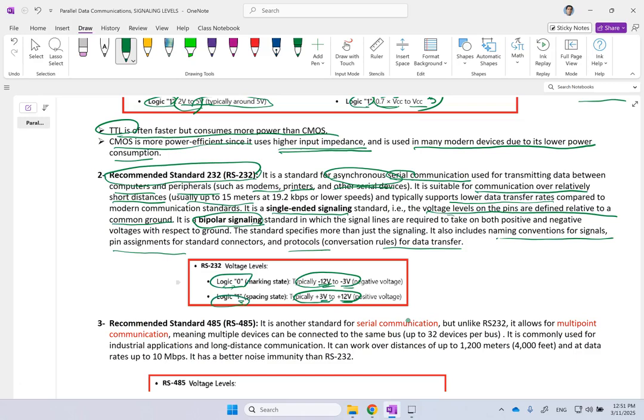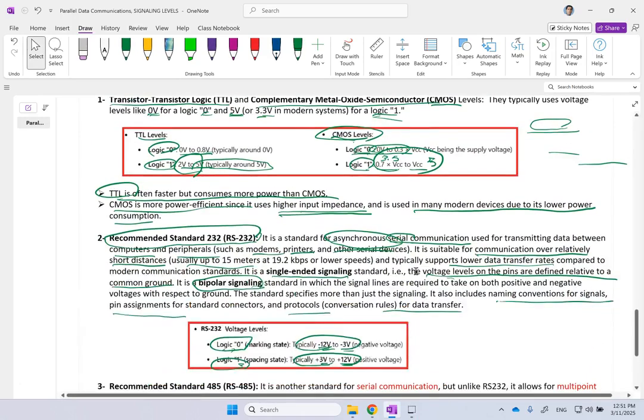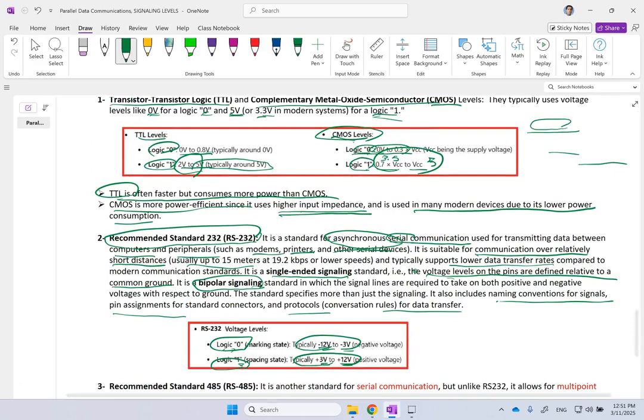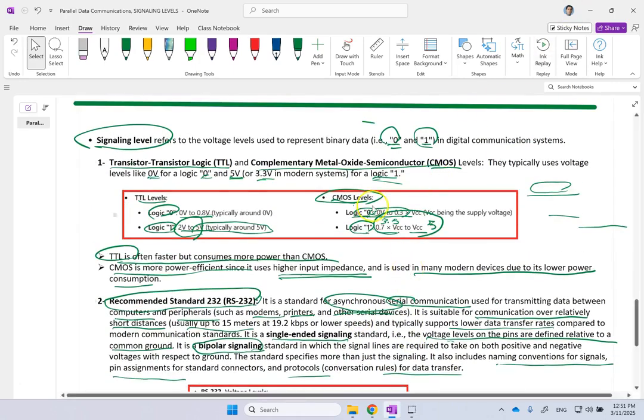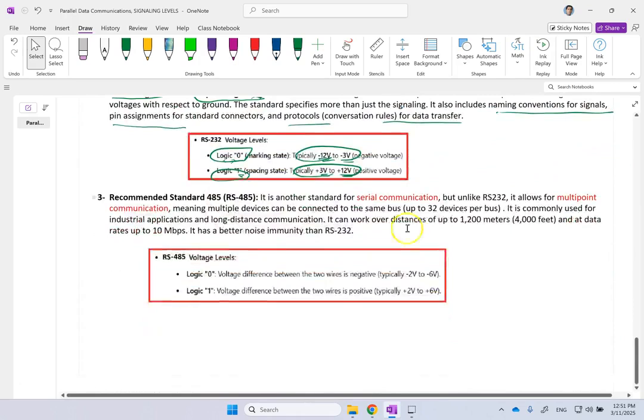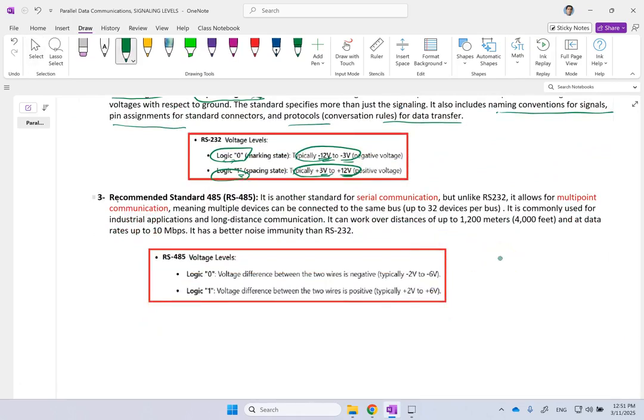It's more than that. But what I want to focus on right now is mostly what kind of voltage level they use for 0 and 1. So you have to pay attention to this kind of thing, right? When you are picking your power sources, you have to know which standard you're using for communication, so you pick the appropriate power source. And finally, we have the newer version that is called Recommended Standard 485, or RS-485.